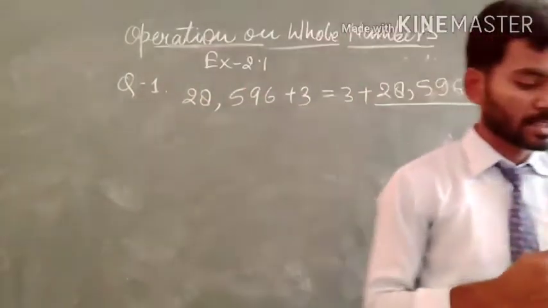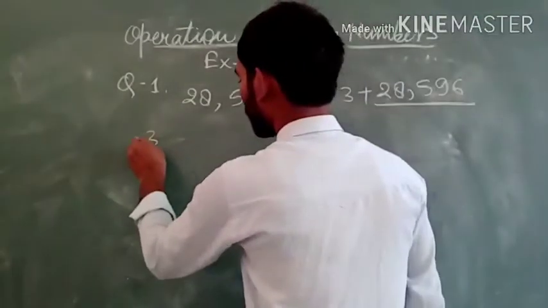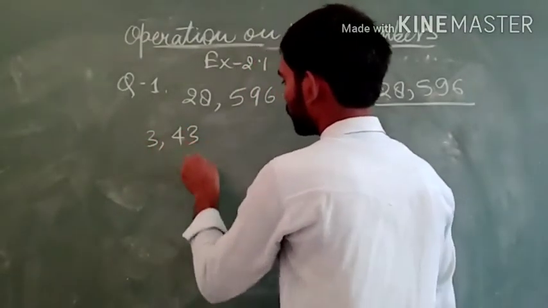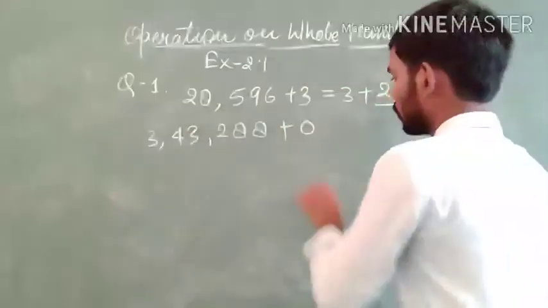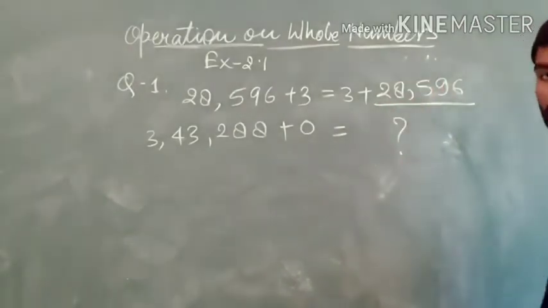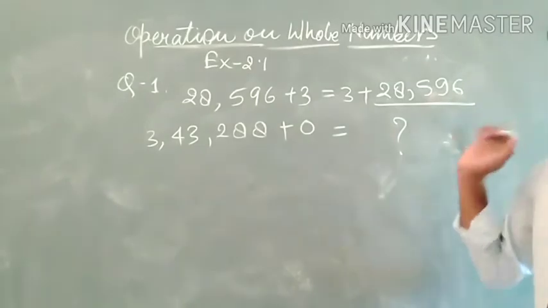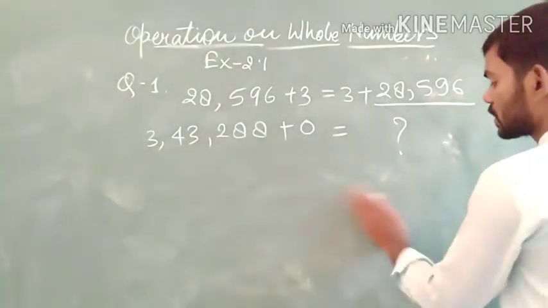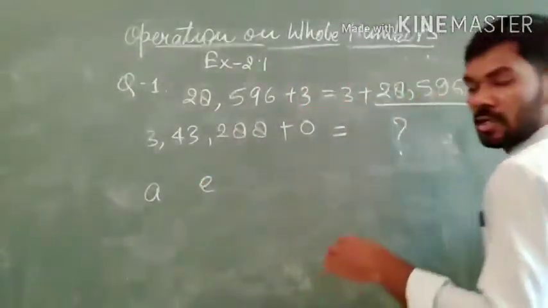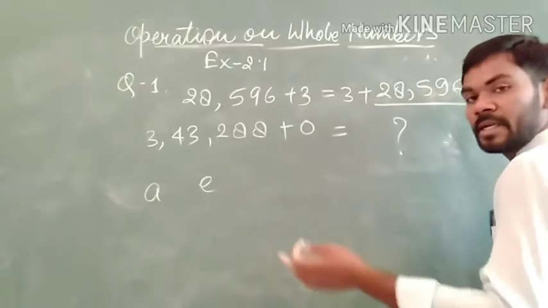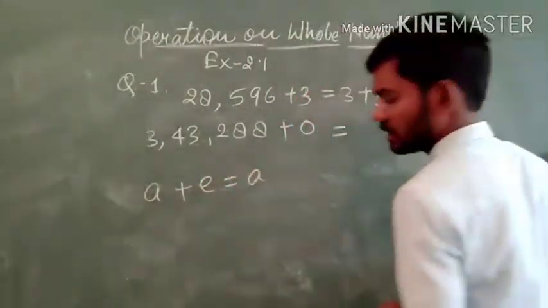So I hope the question is clear. The next is 3,43,288 plus 0 is equal to what? This is the given question. What number will come at the place of the question mark? Here we can see that if a is any number and e is an identity number, then if they are added, they give the result as a.